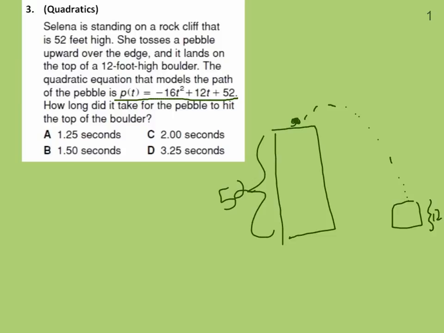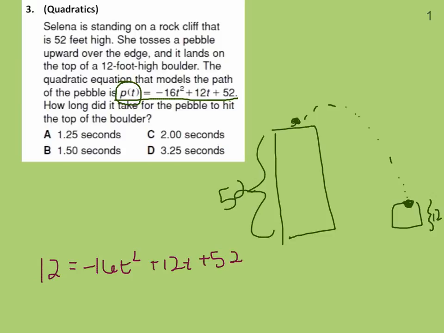Alright, so there's a few different ways that we can do this. One thing is that we know that the height at this point here is 12 feet. So you can replace the height, p of t, with a 12. So we could say 12 equals negative 16t squared plus 12t plus 52.